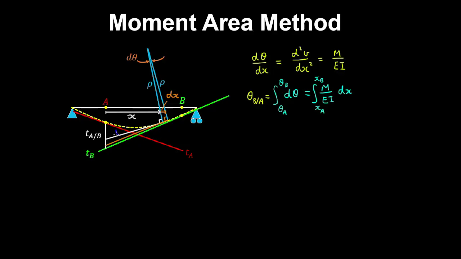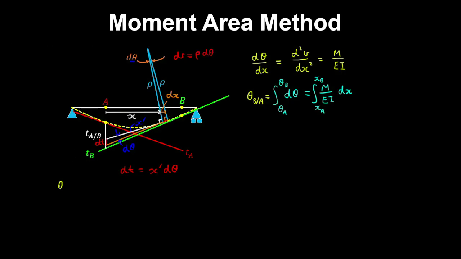And therefore this angle here is equal to this angle of d theta. And this line has some length x dash. So the arc length here, dt, is equal to x dash d theta. Similar to this arc length ds being equal to the radius of curvature by d theta.